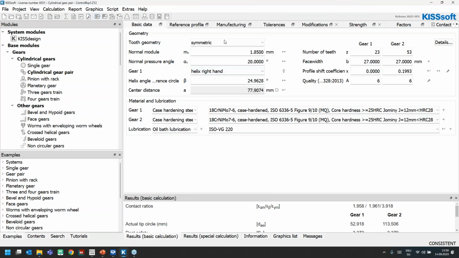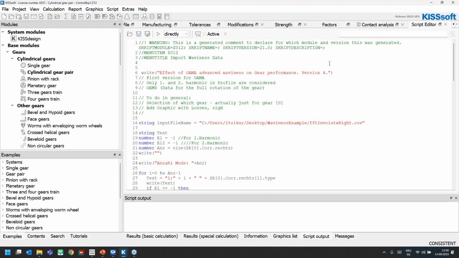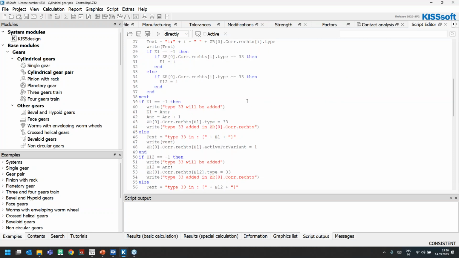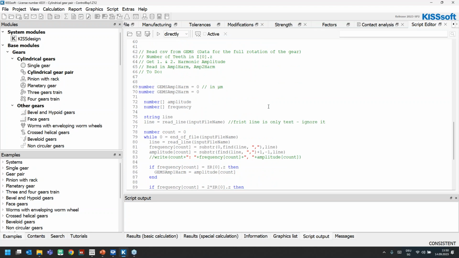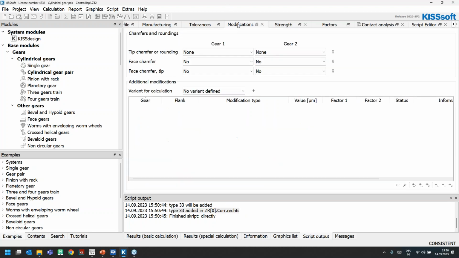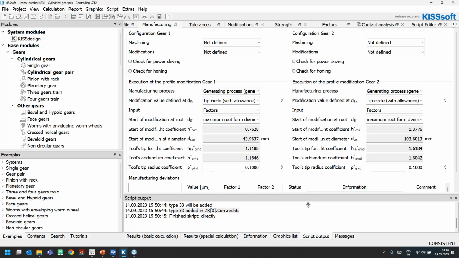And now we can use our relatively new scripting function to read in this data and to simulate this waviness that we have received from the inspection machine. So I'll run the script now. And now you can see that KISSsoft has analyzed the data and added basically a modification, not in the tab modification, but in the tab manufacturing.